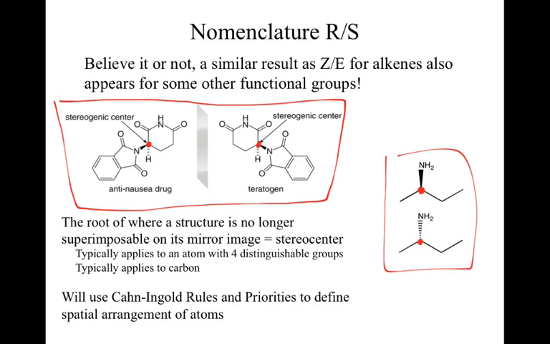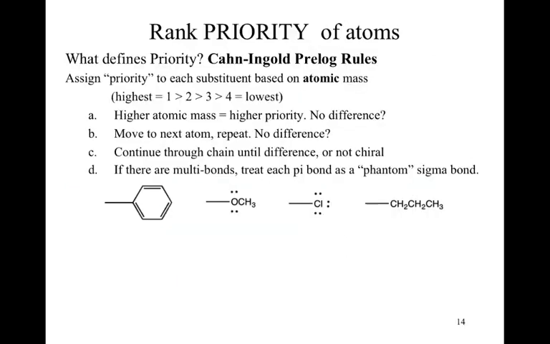And it turns out that that nomenclature system is going to fall back pretty hard on the Cahn-Ingold-Prelog rules and priorities that we used with our Z/E nomenclature system. So in case you forgot already, or are now new to the R/S system, we have to go back to looking at our priority using this system. Your priority is assigned based on atomic mass.